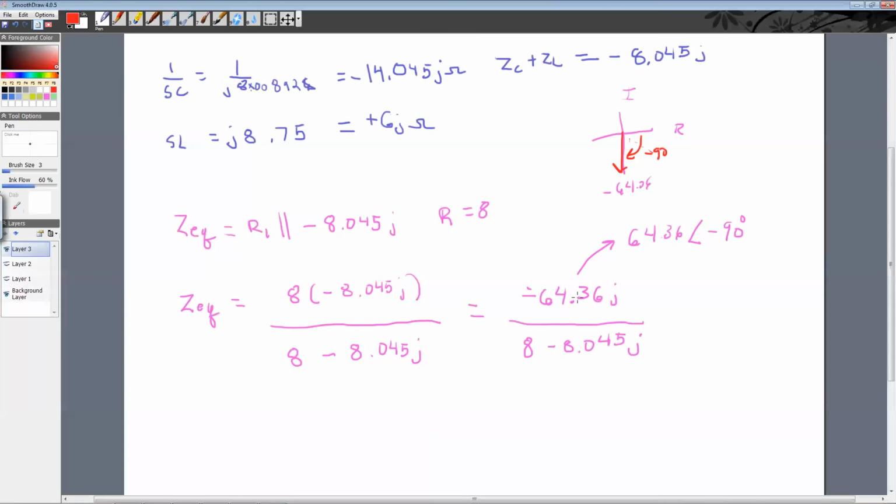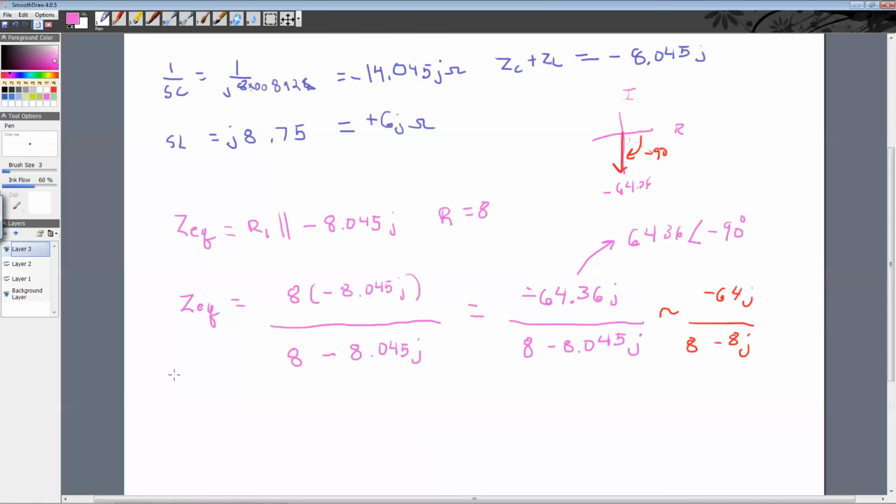Some of these problems you kind of do have to take out a few decimal points, although I think looking at the answers, everything's in these nice round numbers. This is almost equal to minus 64J over 8 minus 8J. All right. But just in case we can't do that, I'm just going to carry this out.